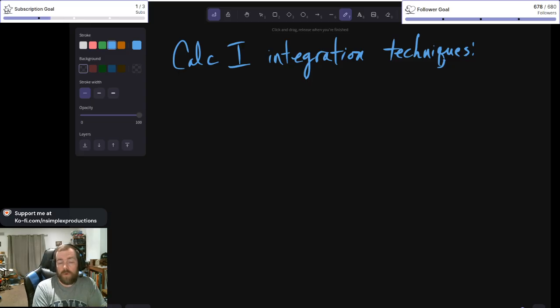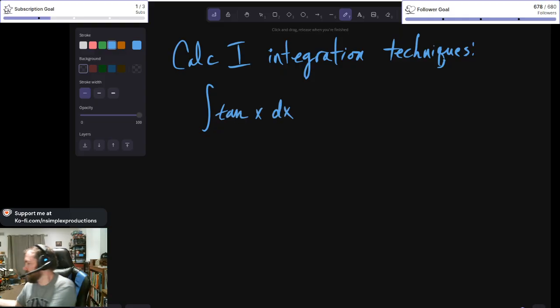So, one is going to be, for instance, if we have the integral of the tangent of x dx, there is no integral or antiderivative pair which is going to get you tangent of x dx.